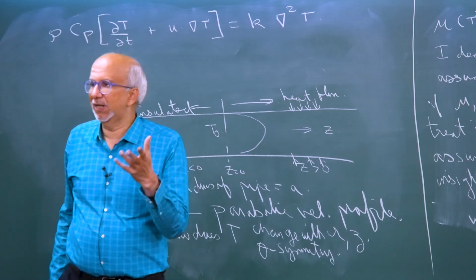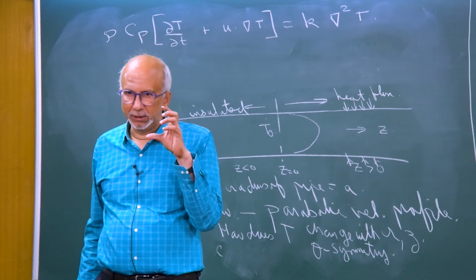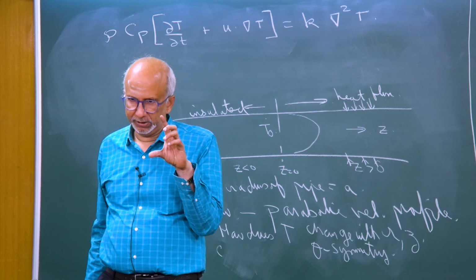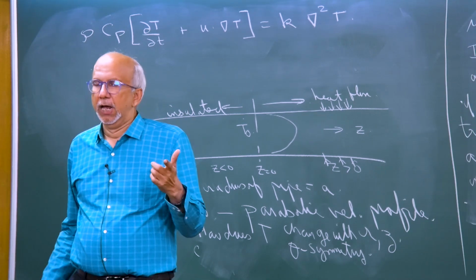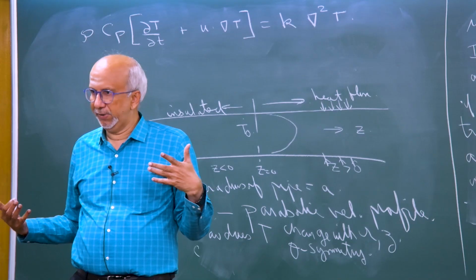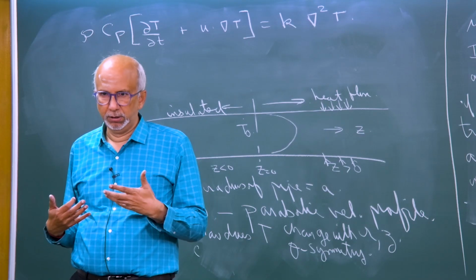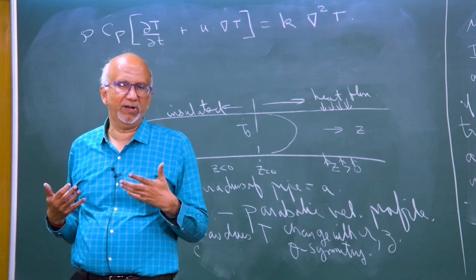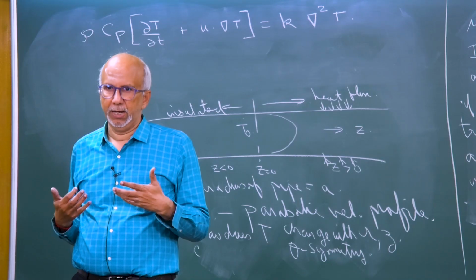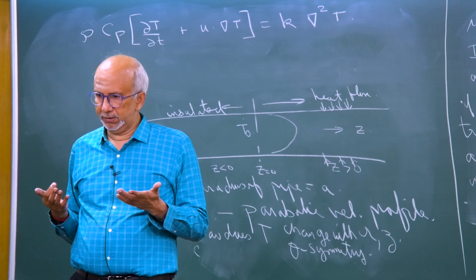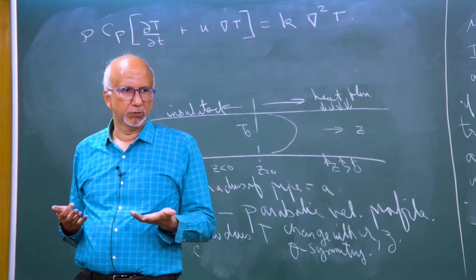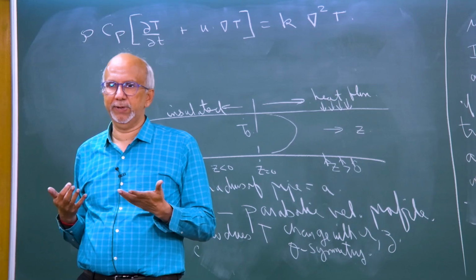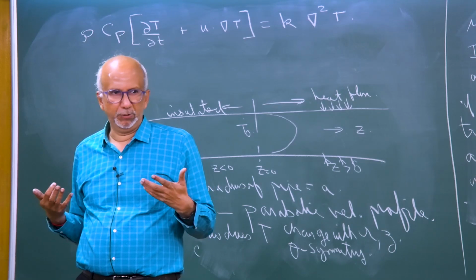So, there is no chemical reaction or anything occurring in the liquid. If there is a chemical reaction occurring in the liquid, then I have to add a source term. Now, the only way the heat is coming is through the boundary, so it is going to be reflected in the boundary condition. I am assuming the flux of heat is constant along the pipe.